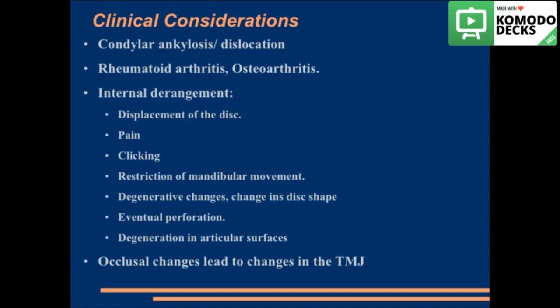Lastly, a very important aspect of the lecture is the clinical considerations. Condylar ankylosis is caused by trauma or infection to the union of the condyle and the fossa, can be unilateral or bilateral, and causes the inability to open the mouth. Dislocation is the inability to close your mouth, caused mainly by displacement anteriorly or posteriorly from weak capsular ligaments.